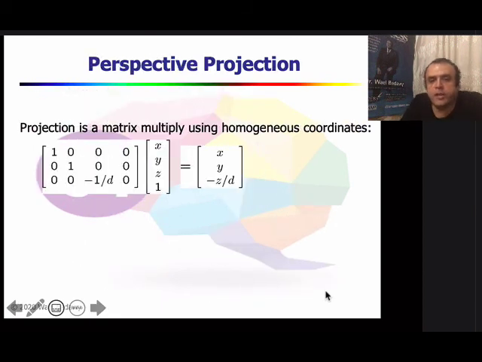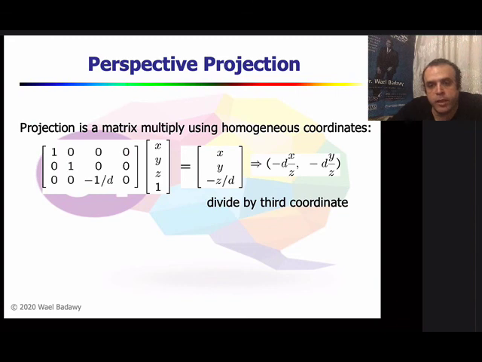So using the homogeneous coordinates is basically a coordinate matrix. I will use matrix multiplication along the vector, and in this way I will compute to achieve the target of minus dx over z and minus dy over z.